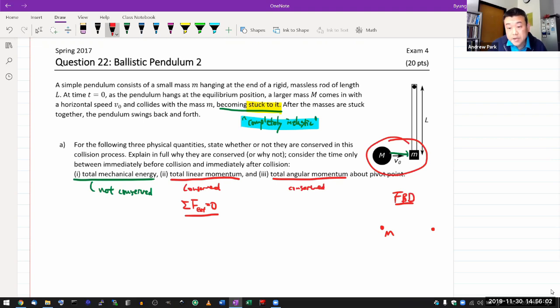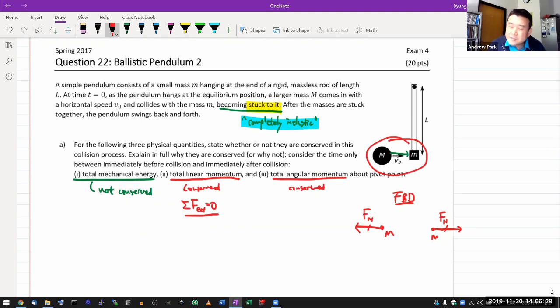That also makes the tension force negligible. So really the only two forces you have are the force of interaction between these two masses. Oops, they should have been the same length, because these are action-reaction force pairs, so they will have equal magnitude and opposite directions. So that external force is 0.